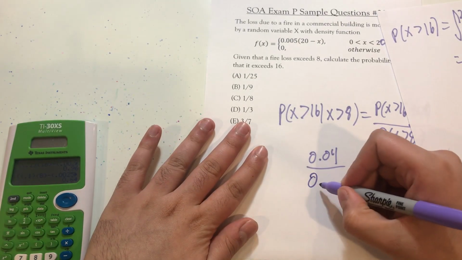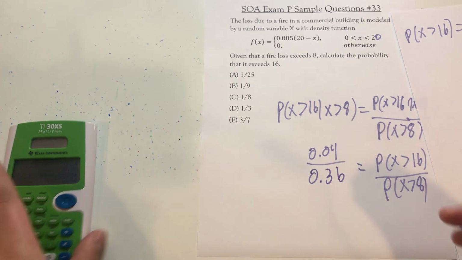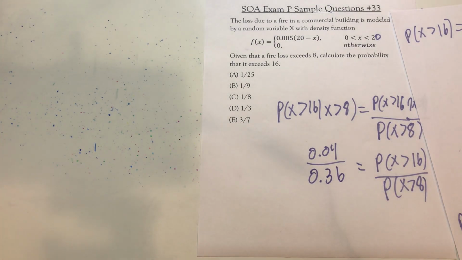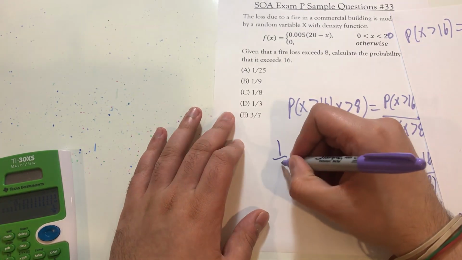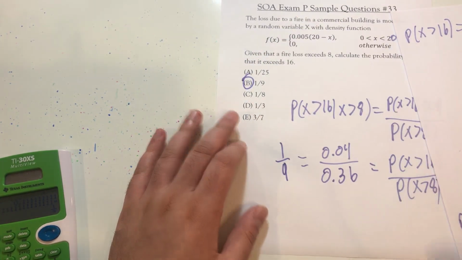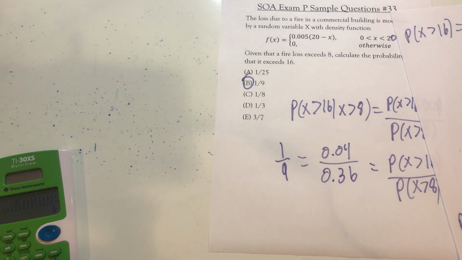Okay? 0.36. And evaluating that fraction, 0.04 over 0.36, gets us 0.1 repeating, or 1/9, answer choice B.